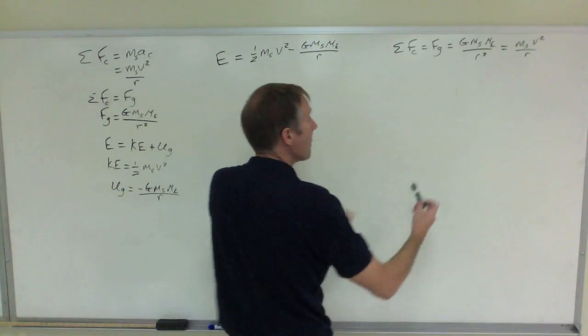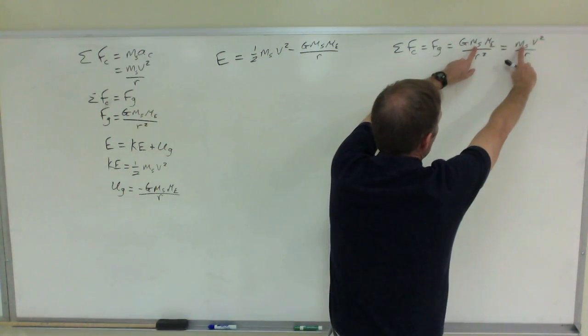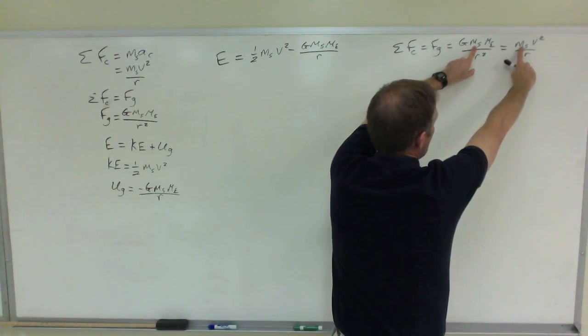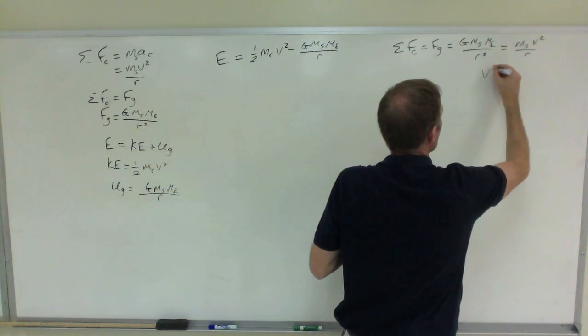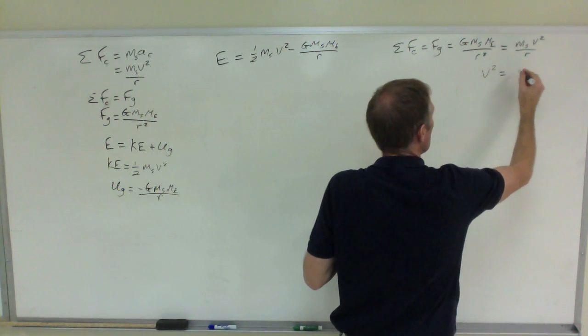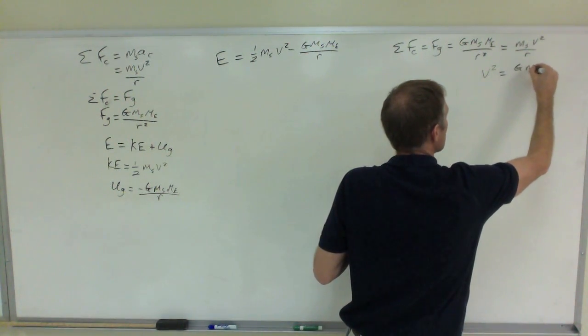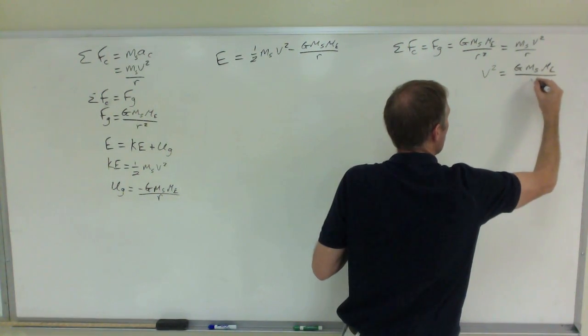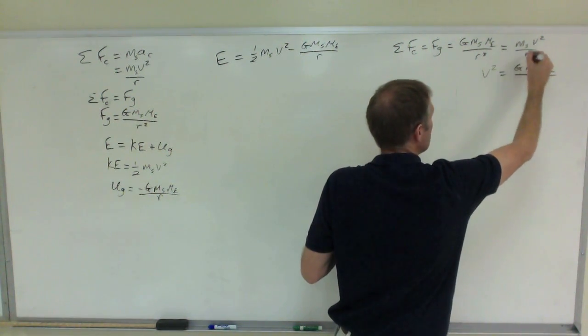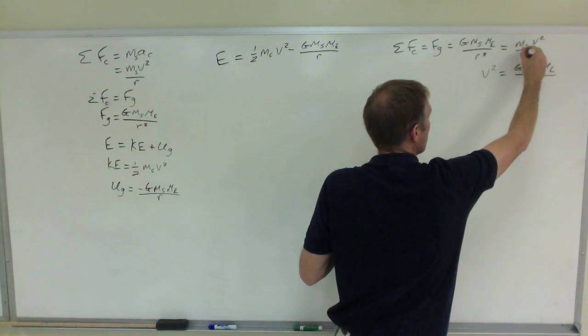Now, notice that the mass of the satellite is going to cancel. I've got it here and here. So the speed squared equals G times the mass of the Earth divided by r, because I've got an r squared here and an r there, so that cancels.